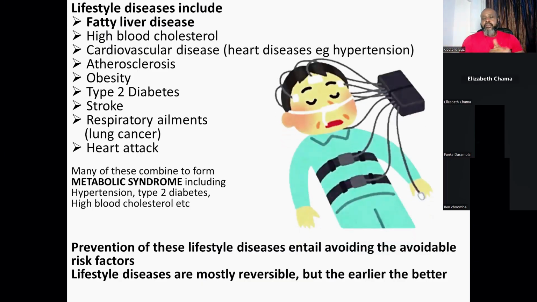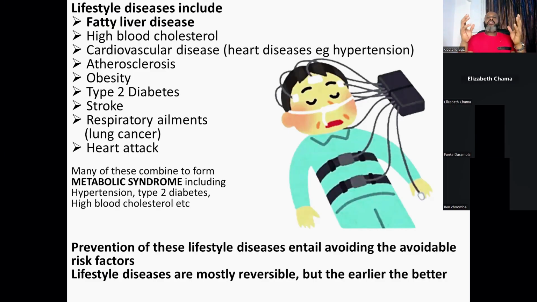So these are other types of lifestyle diseases, apart from what we're talking about today, which is, of course, fatty liver disease, and they include high blood cholesterol, cardiovascular issues, atherosclerosis, that is blockage of blood vessels by cholesterol aggregates. Then type 2 diabetes is also a lifestyle disease. Stroke, respiratory ailments, and others.